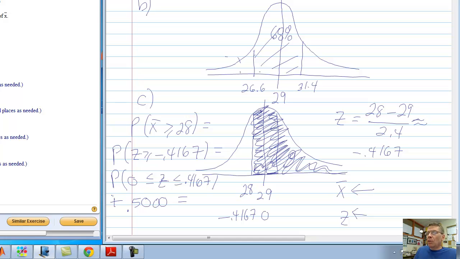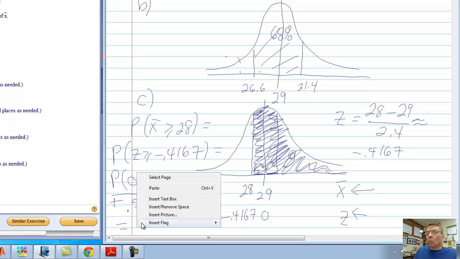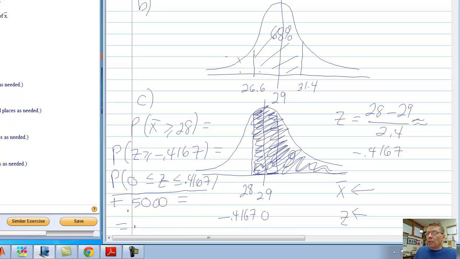Now this value you can pull out of the table. What you're going to have to do is approximate this. We go to the z table and look for 0.42. If you look at 0.42 in the z table, you're going to get a value which is 0.1628.